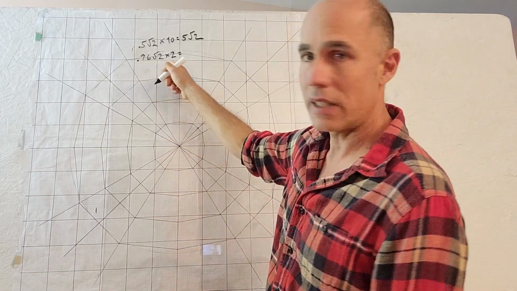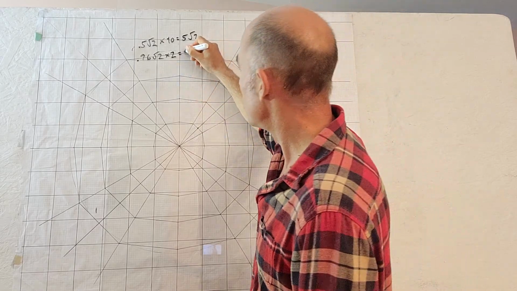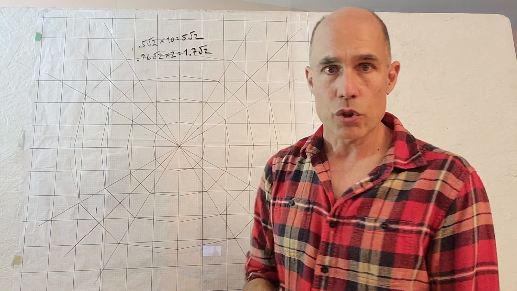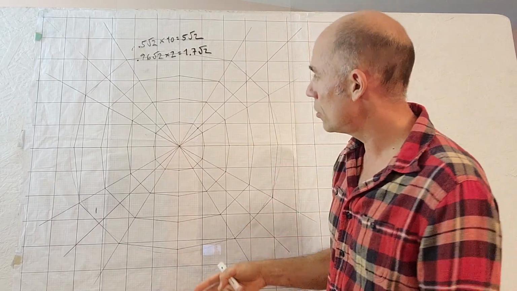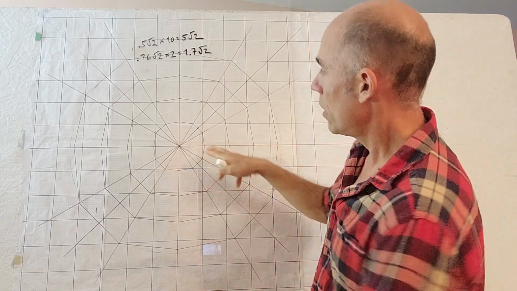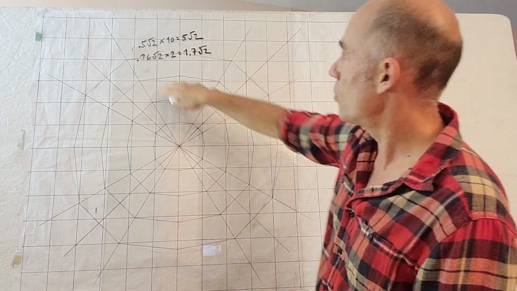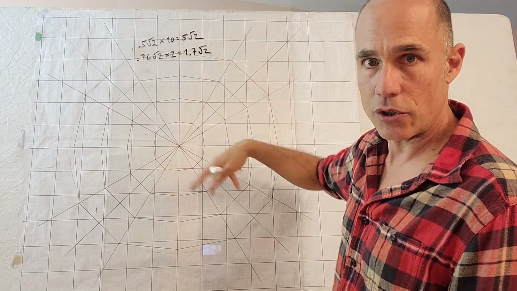So 0.96 root 2 times 2 results in the length of 1.7 root 2. So now what we're going to do is just go over the dimensions of the second dodecagon, the third, and the fourth in relation to these numbers or those lengths.